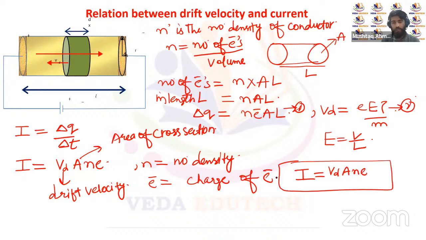It means that the current is directly proportional to the drift velocity. The greater the drift velocity of electrons in a conductor, the greater will be the current flowing through it. That's how we find the relation between the drift velocity and the current.